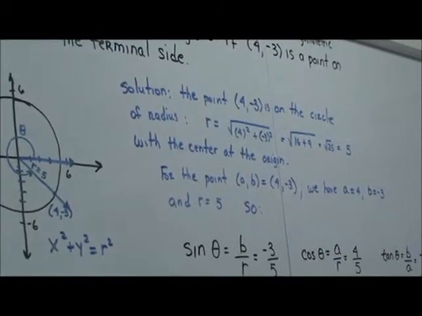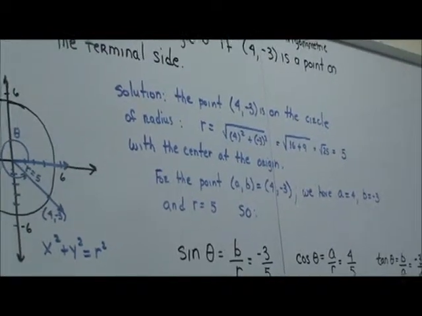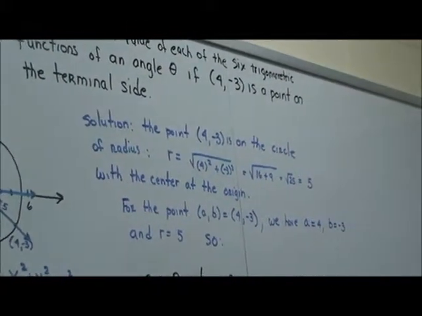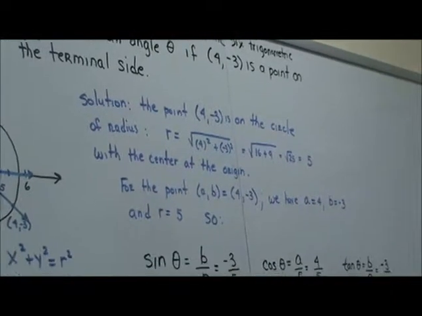For the points a and b, a is represented by 4 and b is represented by -3, and of course r is 5.